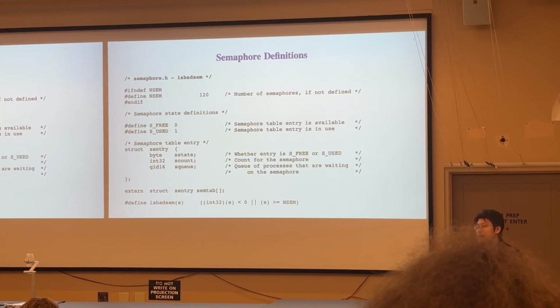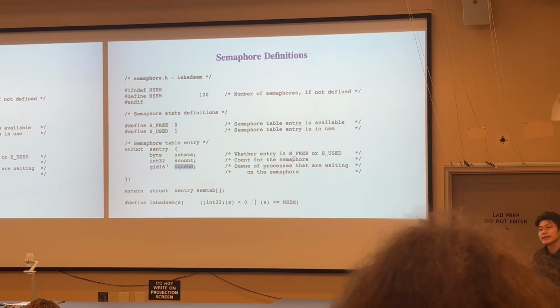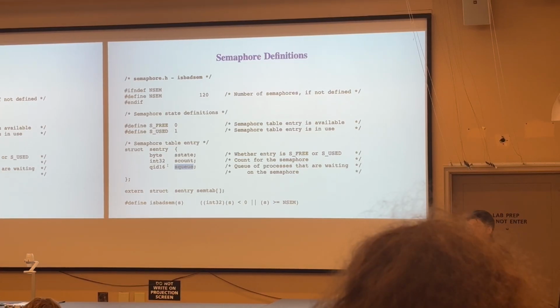This is how the semaphore queue is implemented in Xenu. You don't see the list in this entry because this QID points to a Q head in the big array in Xenu.